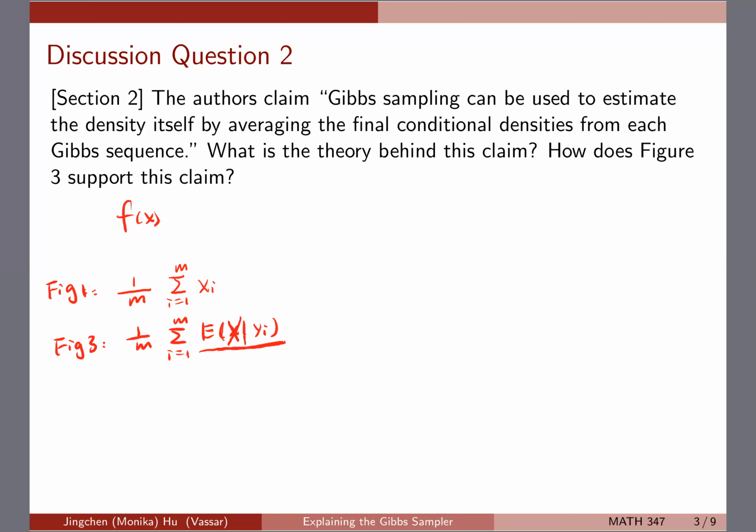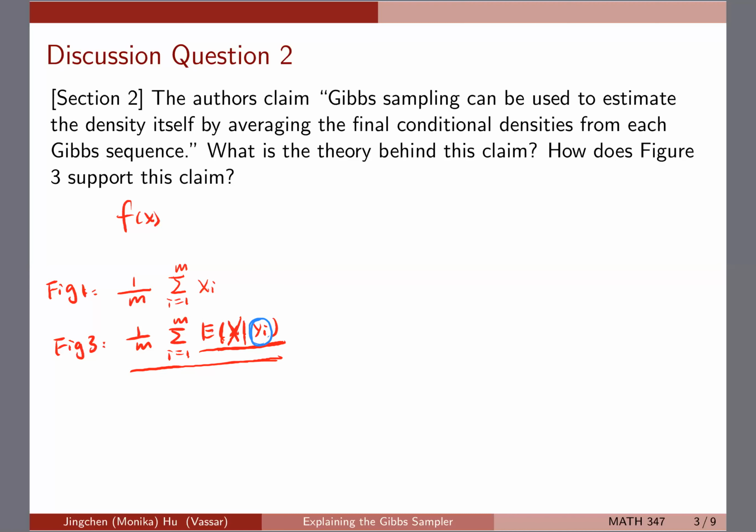You don't have to go back to the original paper to read about it, but it's important for us to see why figure 1 and figure 3, as we just did, support what they're saying. As long as the expected value is obtainable, we're relying on the draws of y that we have in the chain as well.